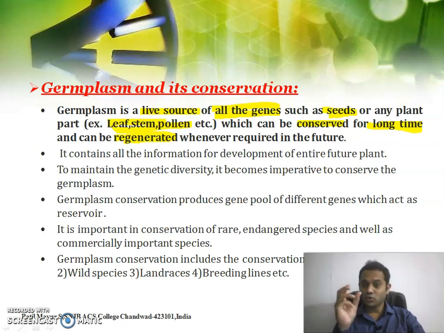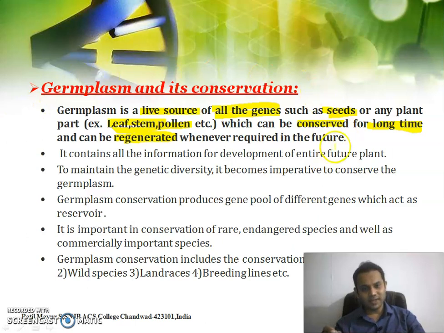So seeds contain all the information for the entire plant. The entire plant grows from that tiny little seed. So you can understand to which extent the seeds are important.